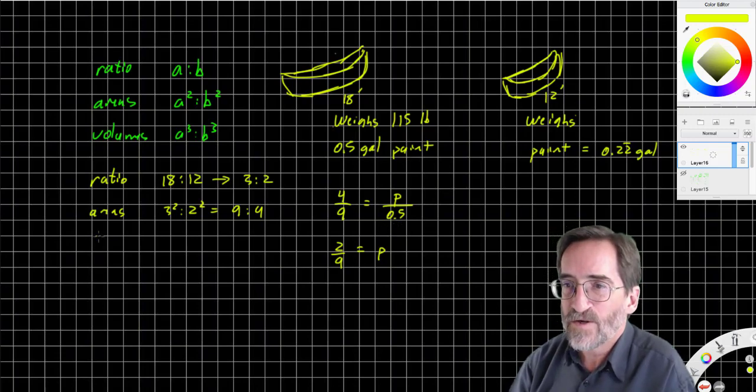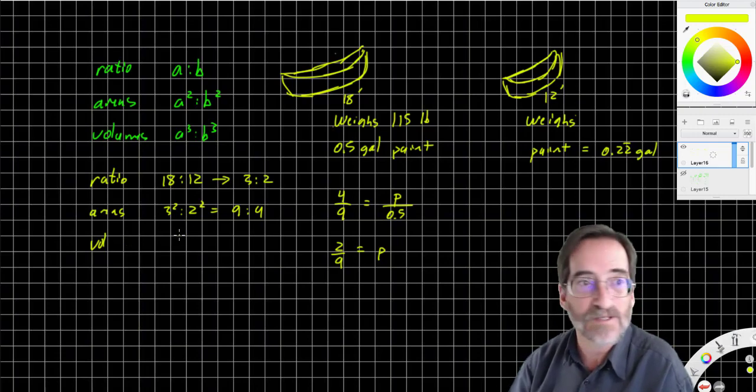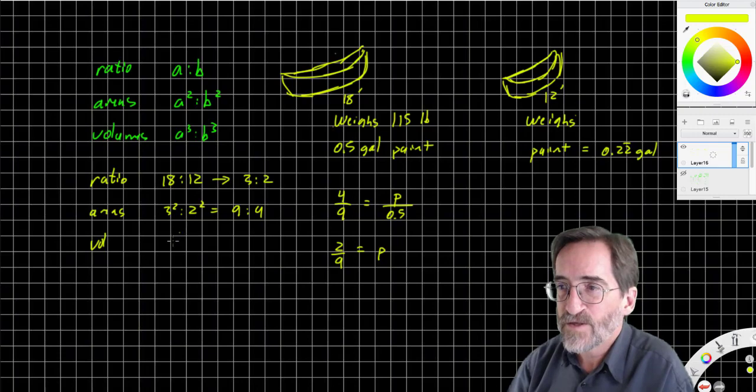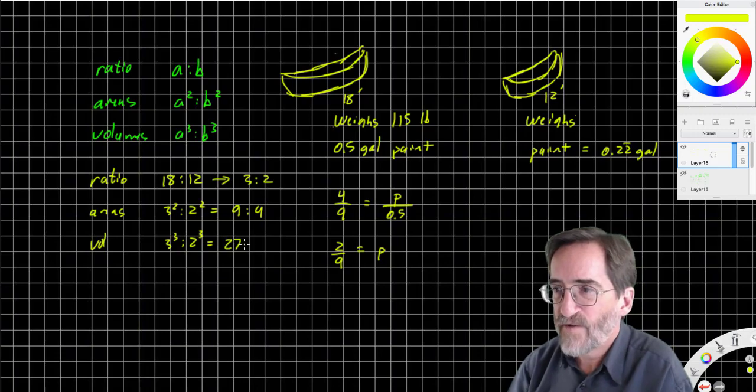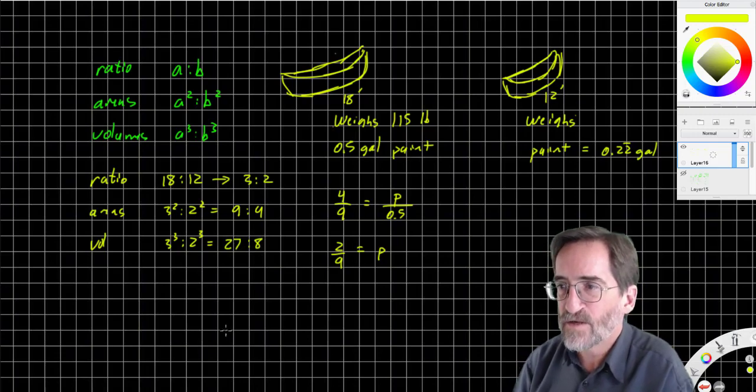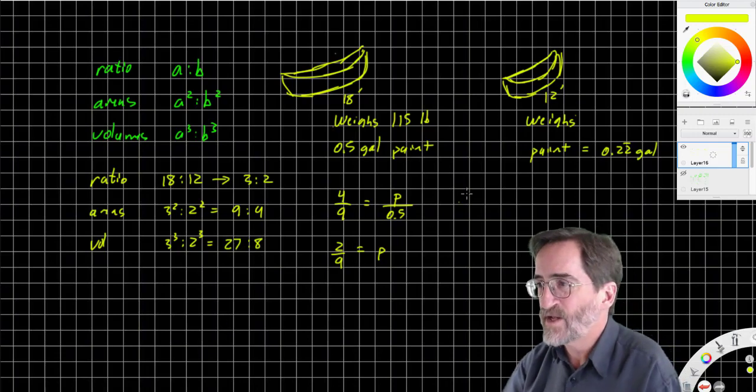What's more is the volume, which relates to the weight. The weight would relate to volume. The volume ratio is going to be 3 cubed to 2 cubed, 3 cubed being 27, 2 cubed being 8. So it's going to be the ratio of 27 to 8.